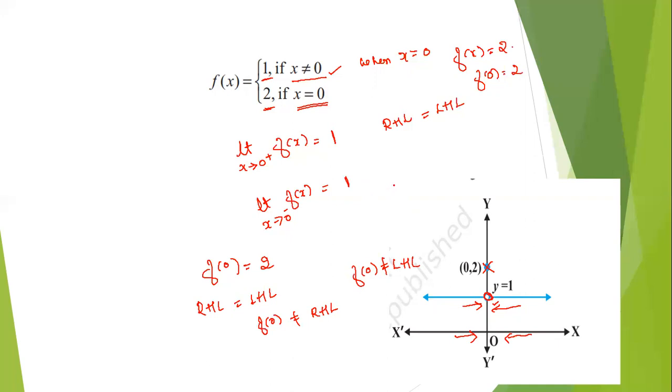We say a function is continuous if the function exists at the point, and if the left hand limit, the right hand limit, as well as the functional value at that point, all these three are equal, then we say that the function is continuous at that particular point.